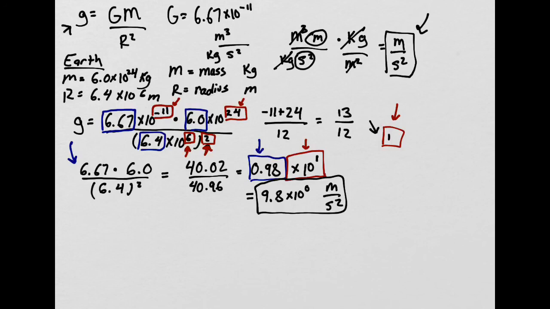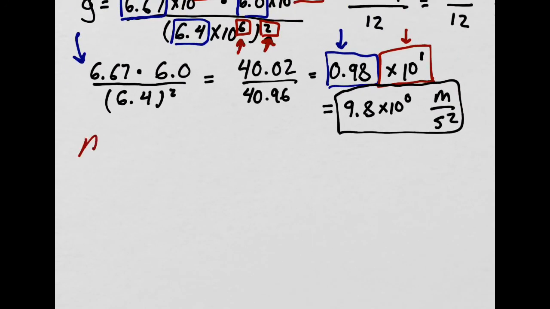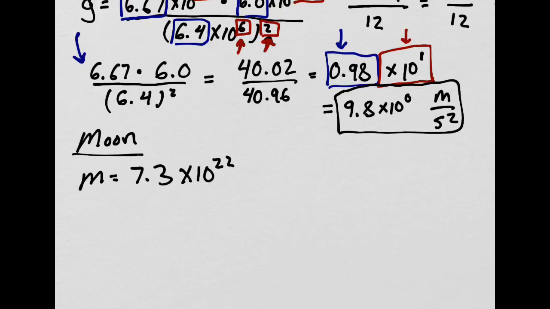So let's repeat this process with the moon. If we go back to the lecture slides, the moon has a mass of 7.3 times 10 to the 22 kilograms and a radius of 1.7 times 10 to the 6 meters.